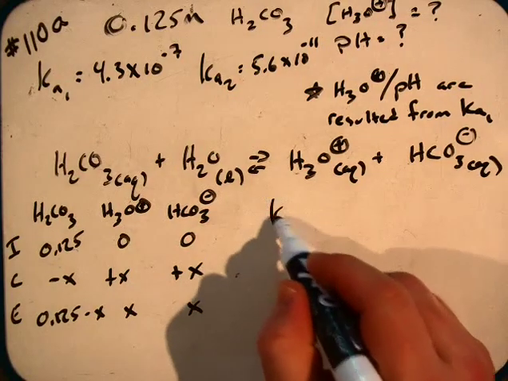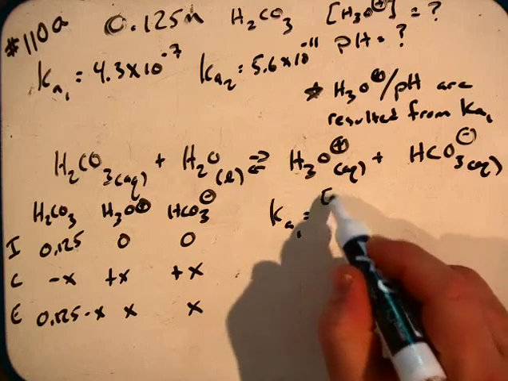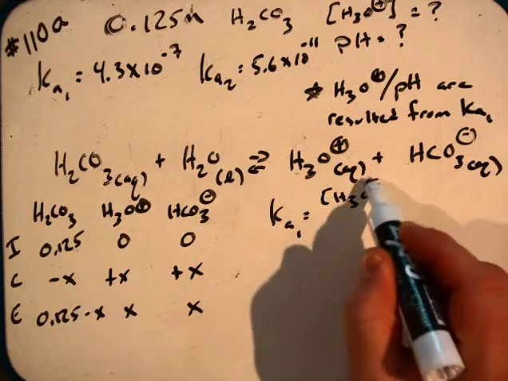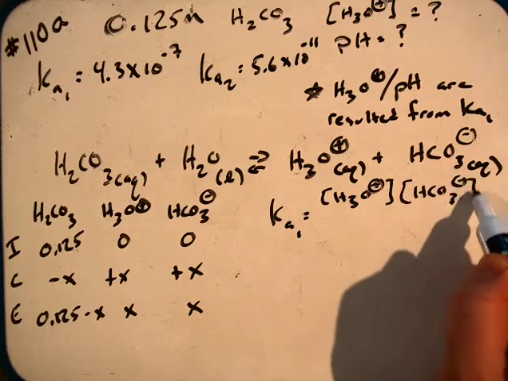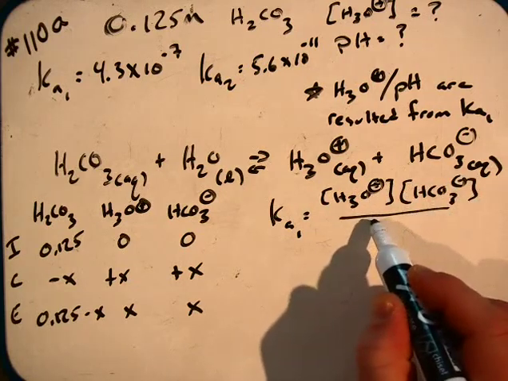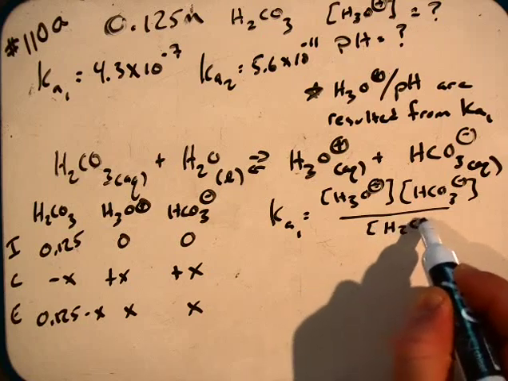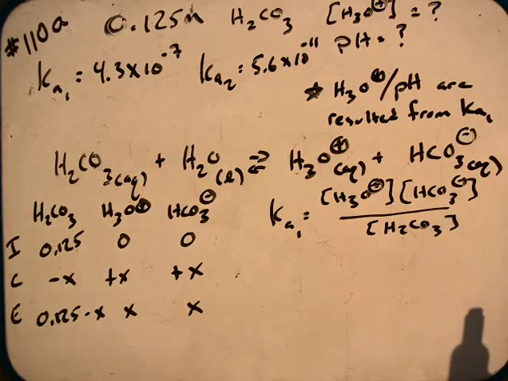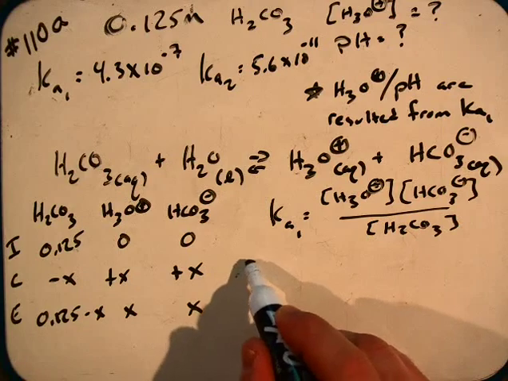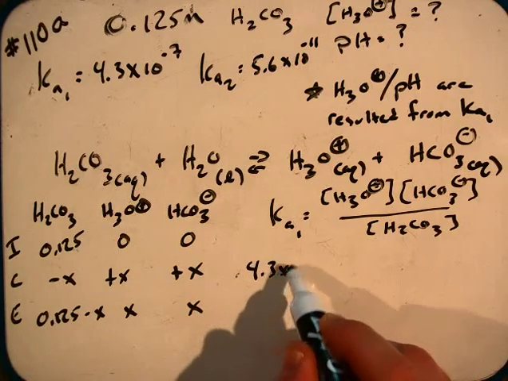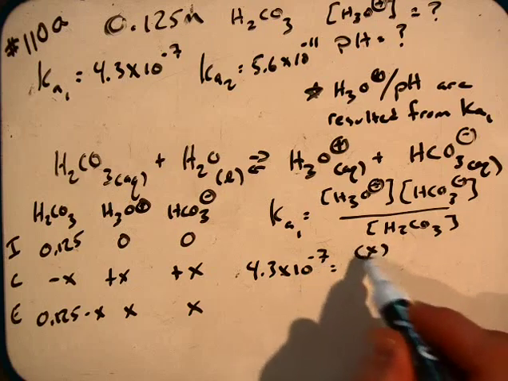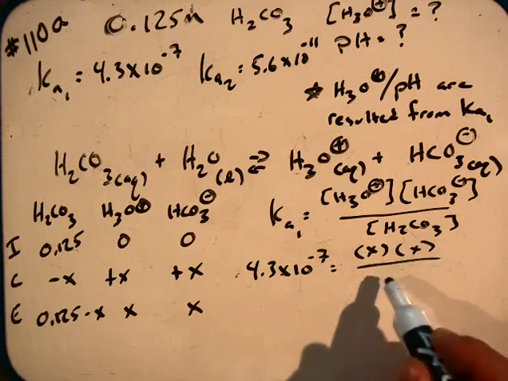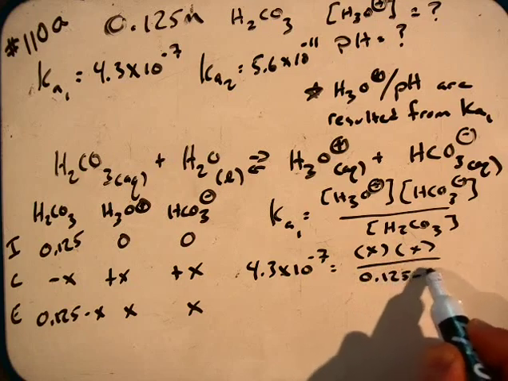So our Ka1 would be equal to our products over our reactants. And so our Ka, the 4.3 times 10 to the negative 7th, would equal x squared over 0.125 minus x.